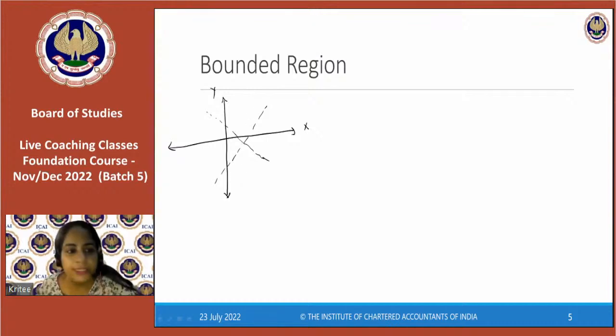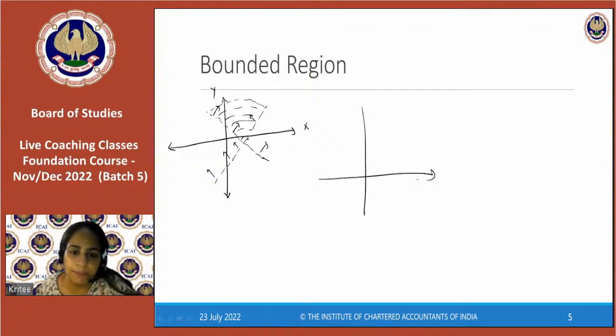And the shading is, for this, my shading is going up. For this, my shading is going here. So the area which is common between both of them will be my bounded region. Is that okay? That is what bounded region means.